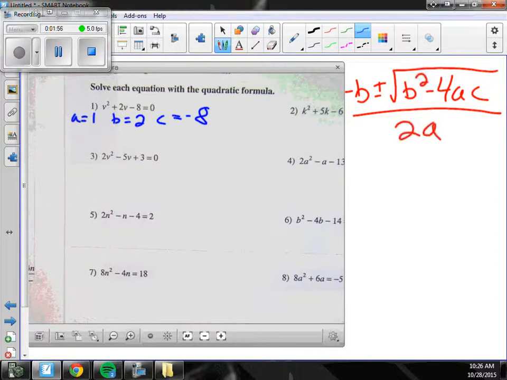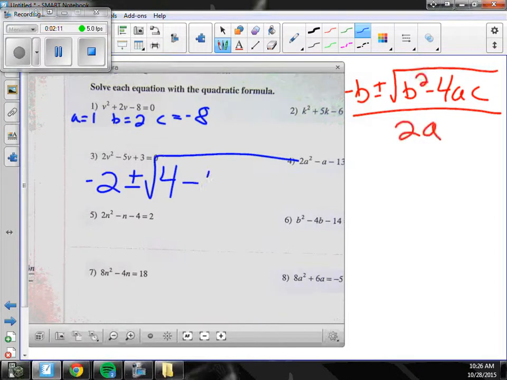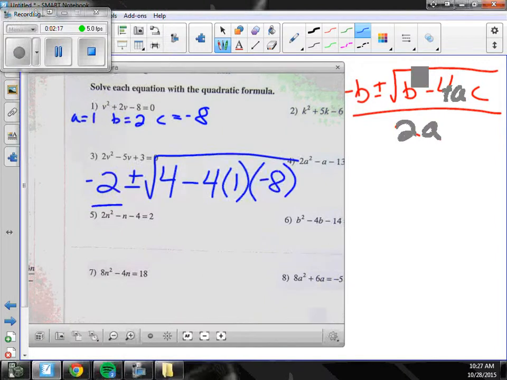So now I just plug everything in. What is negative b? Negative 2 plus or minus the square root of, what is b squared? 4, and then I want you to write minus 4 times a, which is 1, times c, which is negative 8, over, and 2a is 2.